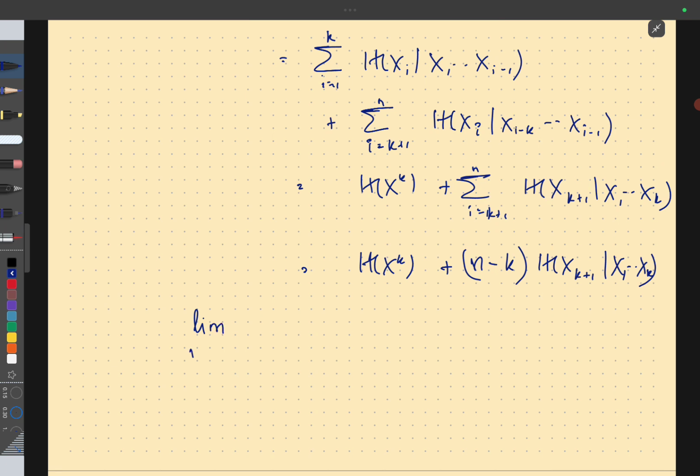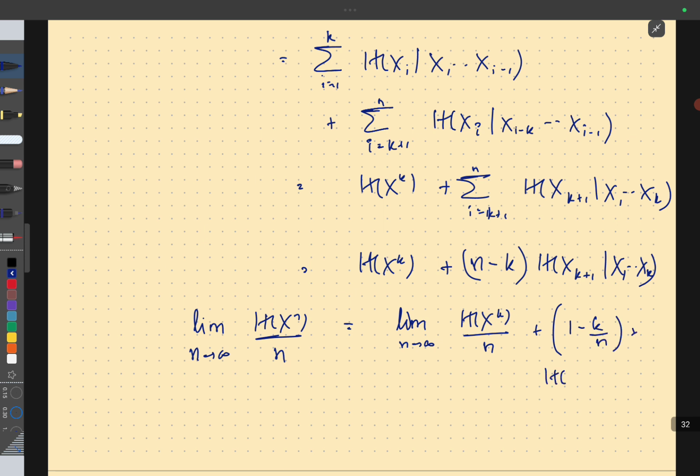So if I take the limit as n tends to infinity of H of x^n by n, this is nothing but the limit as n tends to infinity of H of x^k by n plus 1 minus k over n times H of x_{k+1} given x1 up to xk.